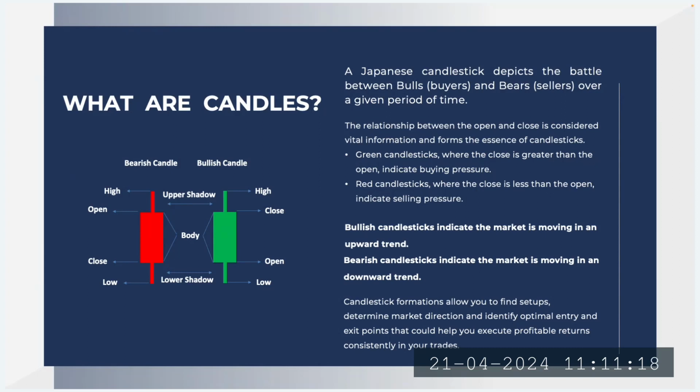These candlesticks are popularly known as Japanese candlesticks because they were developed in Japan and first used by rice traders, farmers and merchants who were dealing in rice trading, just to identify if the price of the rice is rising or falling.